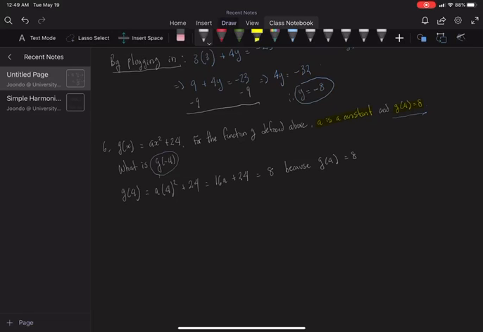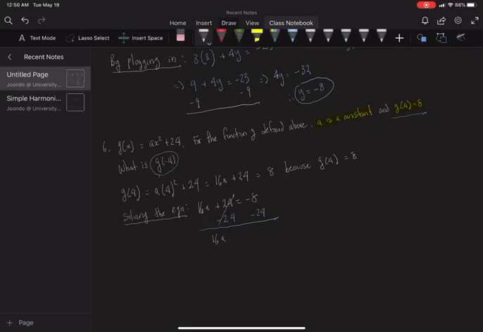Now, if you solve this equation, we can find the value of a. So, solving the equation, 16a plus 24 is equal to 8. Let's do this. We're going to minus 24 here, and minus 24 here, and then we get 16a. This cancels.